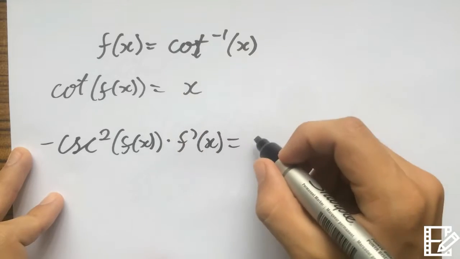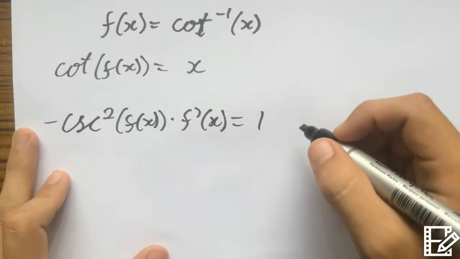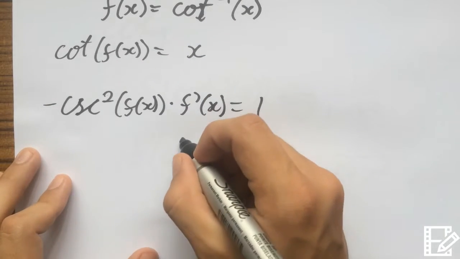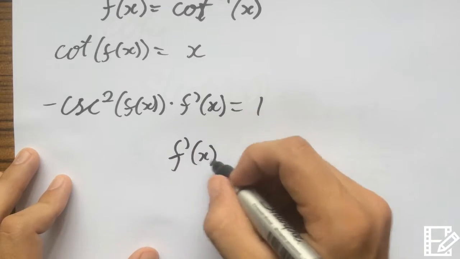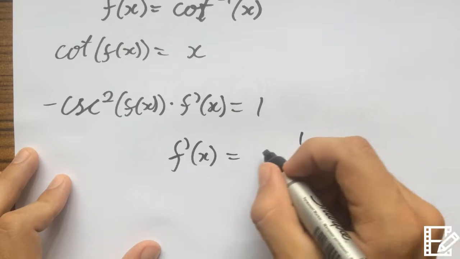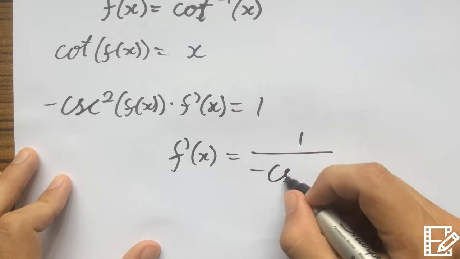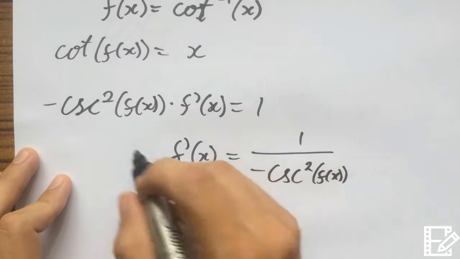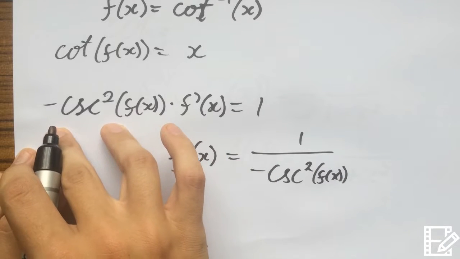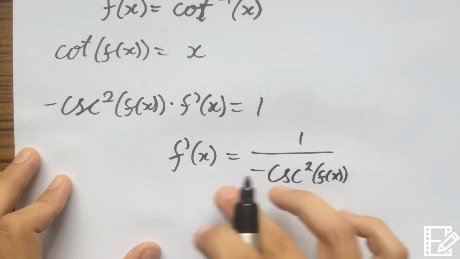Now the derivative of x is just 1, so we write 1. I'm going to isolate f'(x) because what we're looking for is a derivative, and therefore we'll have 1 over negative cosec squared f(x), and it'll end up looking like this.